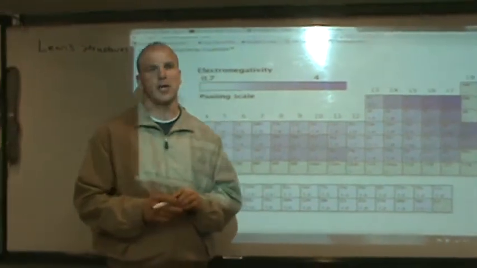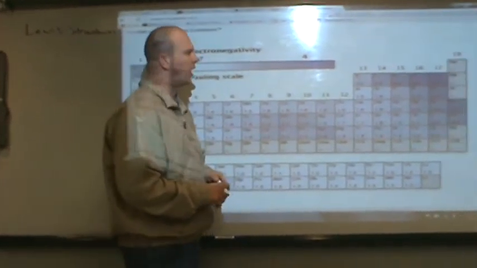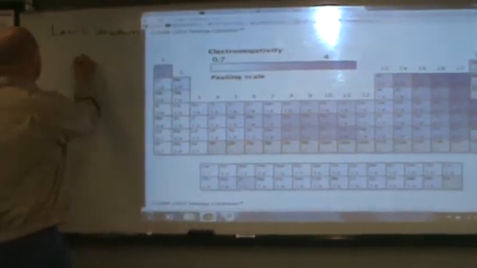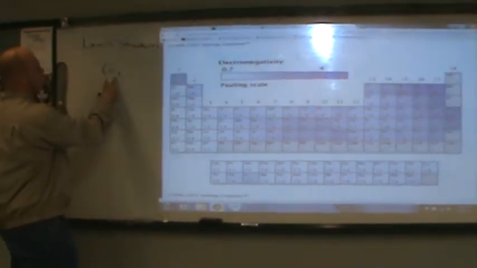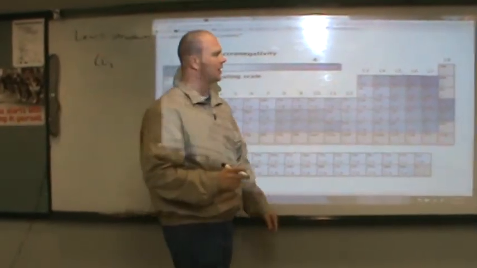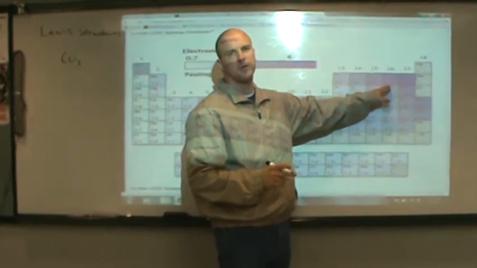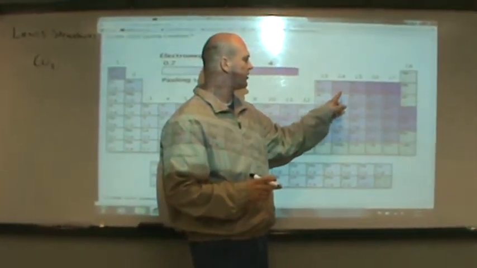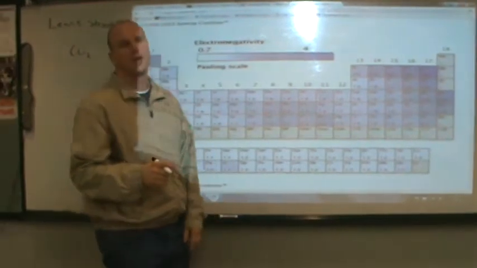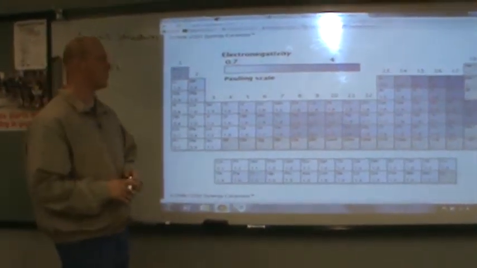So for instance, if I was going to look at the structure of carbon dioxide, carbon dioxide has 1 carbon with 2 oxygens. And so from my electronegativity table, I know that oxygen has an electronegativity of 3.5, whereas carbon has an electronegativity of 2.5. So carbon would likely be the central atom rather than oxygen.